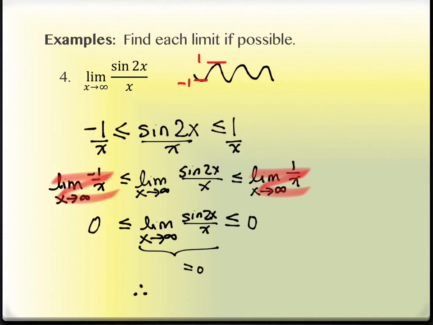These 3 dots you'll see in mathematical literature sometimes mean therefore. So therefore, the limit as x approaches infinity of sine of 2x over x must also equal 0 because it's sandwiched in between 0 and 0.